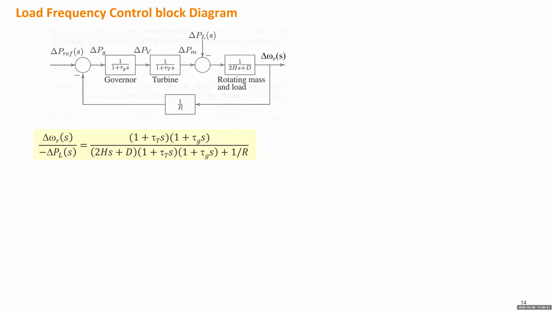But now, if you want to draw the transfer function, this will be the transfer function. Does everyone know how to write down the transfer function if I show this block?